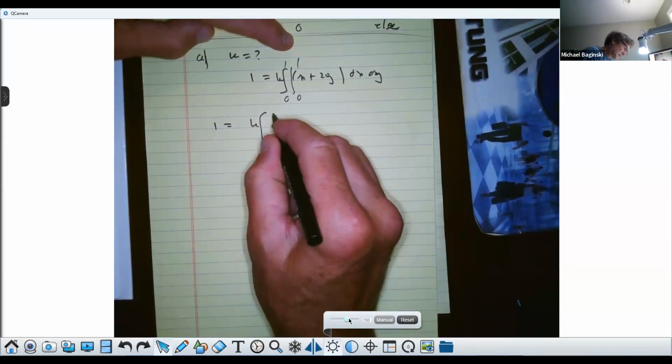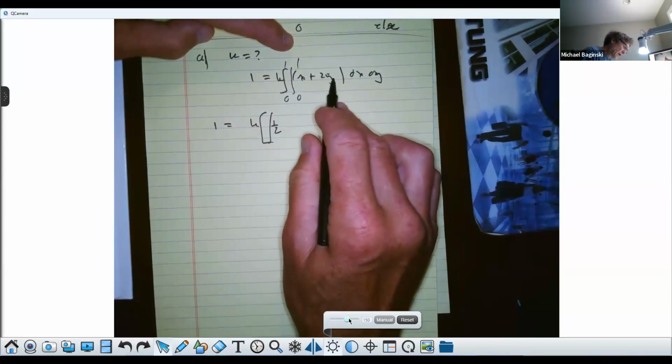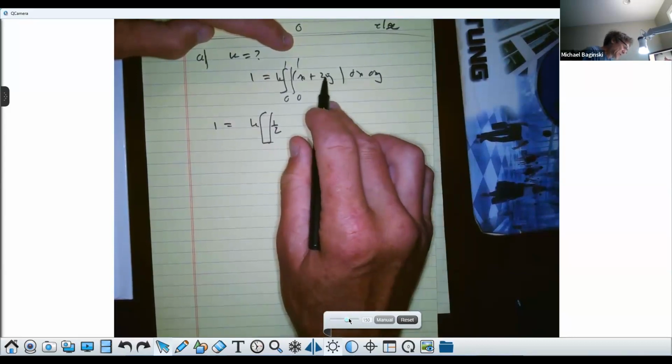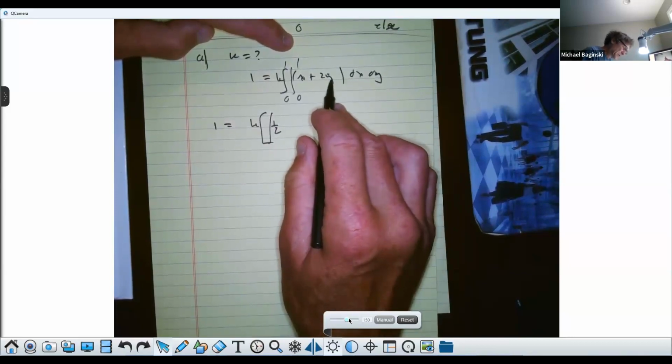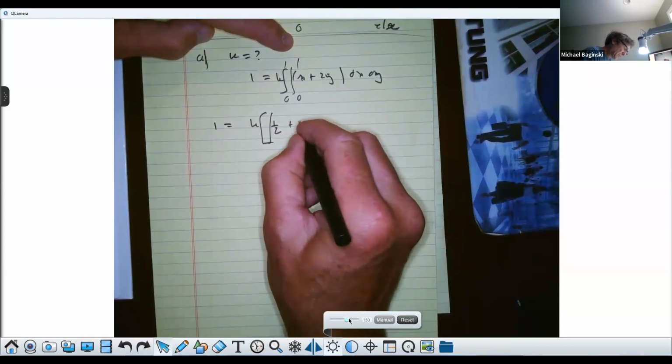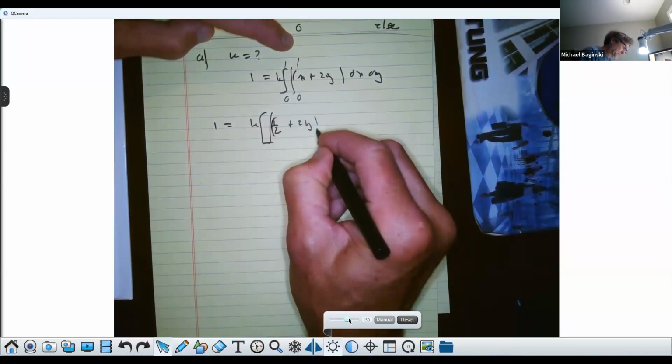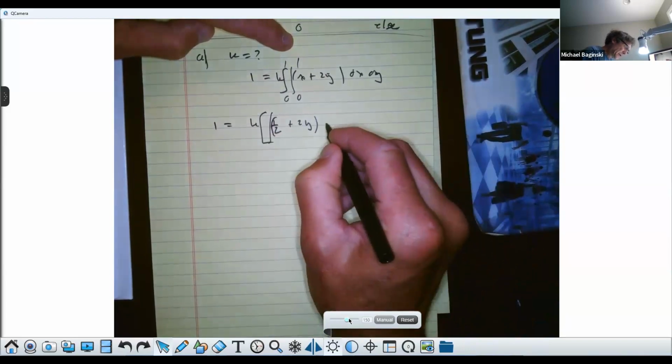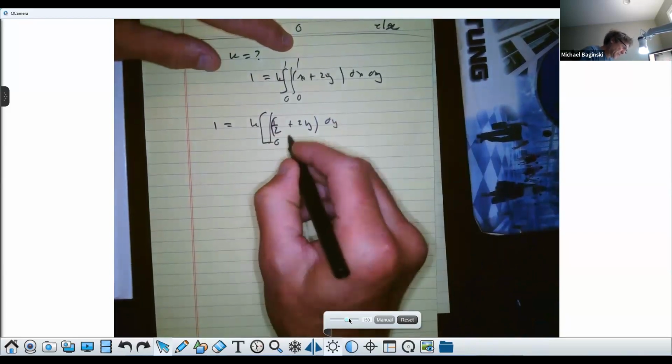That's the first integration. Then when I integrate 2y dx, I get 2yx from 0 to 1, which is just 2y. Then I have to do the dy integration from 0 to 1.